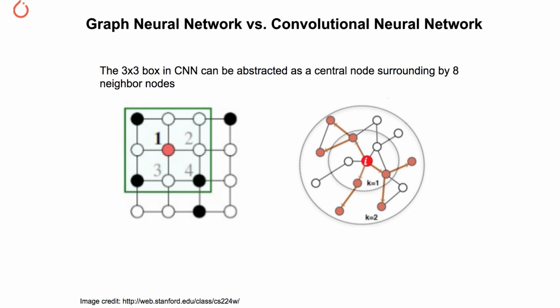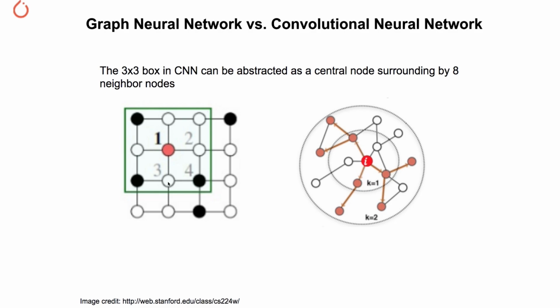If you look at CNN, instead of understanding each small grid within your sliding box, let's just say here a 3x3, you look at it as I have a central node here, and whatever I extract from this box is essentially, given the central node and its 8 neighbors surrounding it, sometimes including self, what is the aggregated information of this cluster?